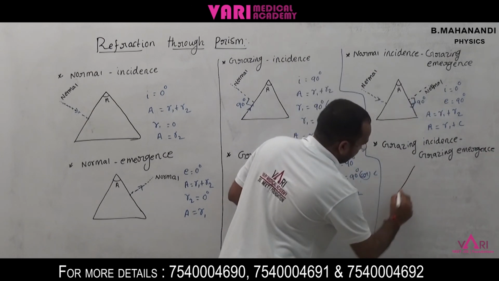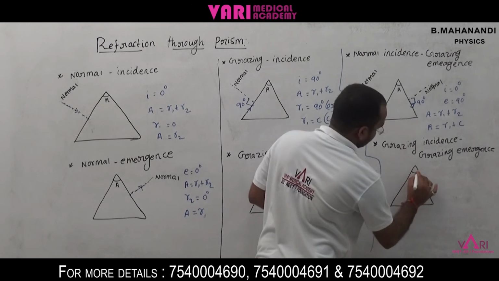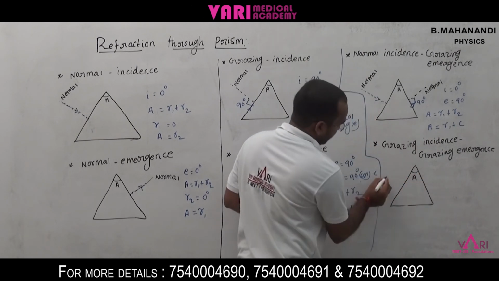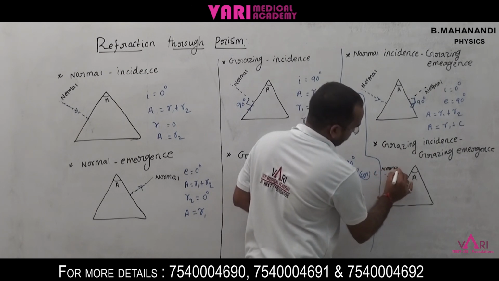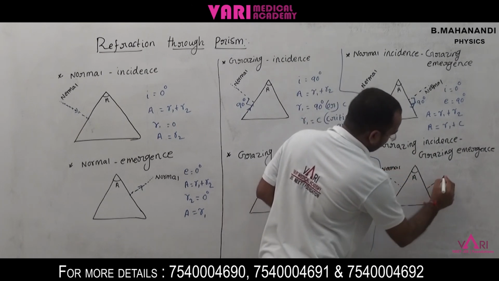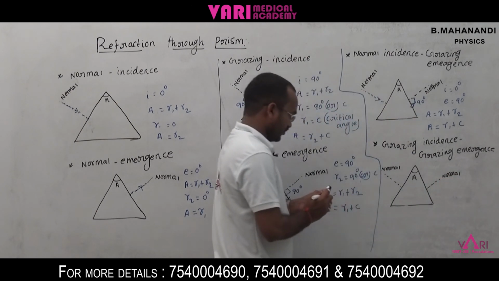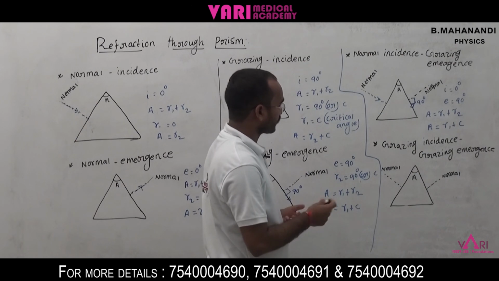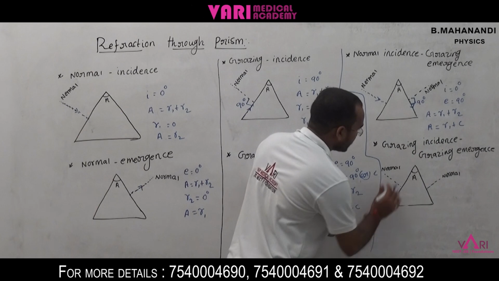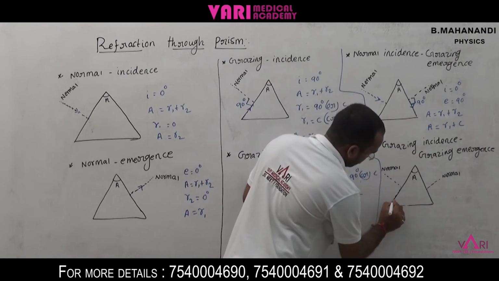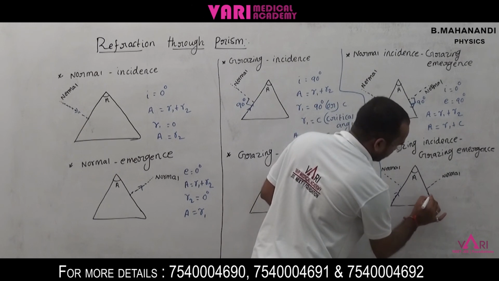One of the equilateral triangle prisms with angle A, exactly perpendicular to the normal. Now the entering incident light ray is a grazing incident, and the emergent ray is grazing.